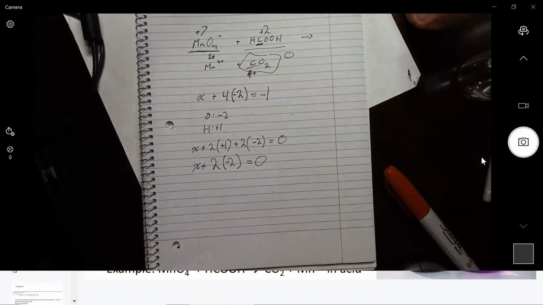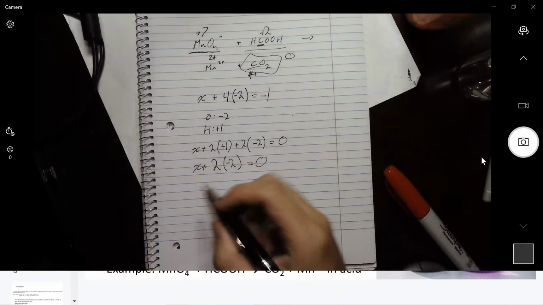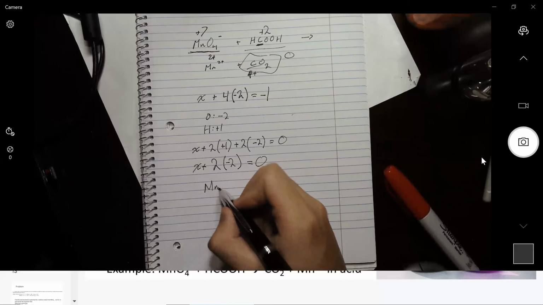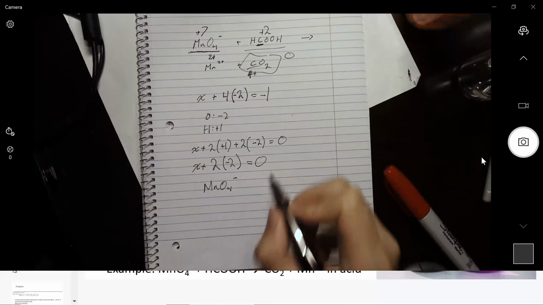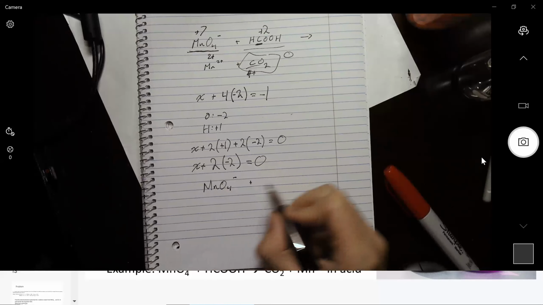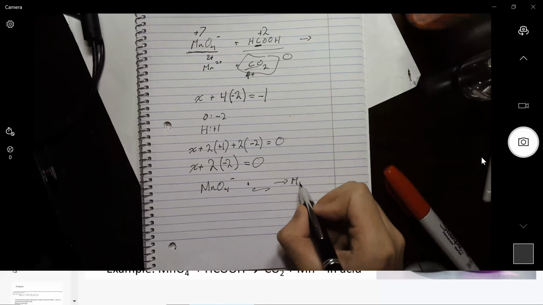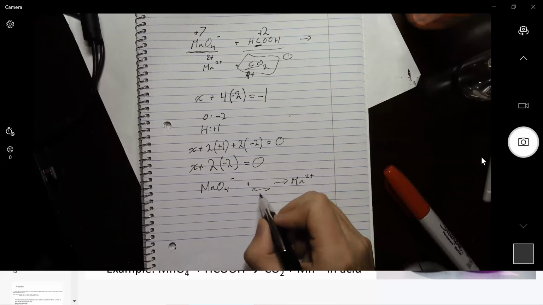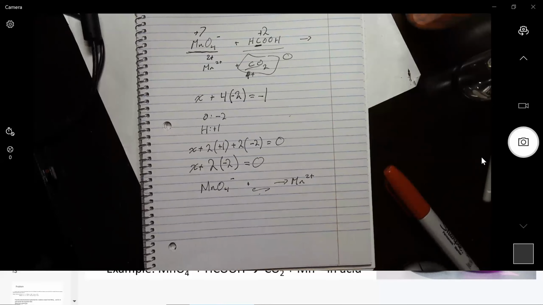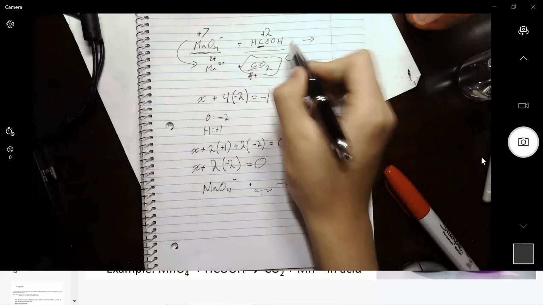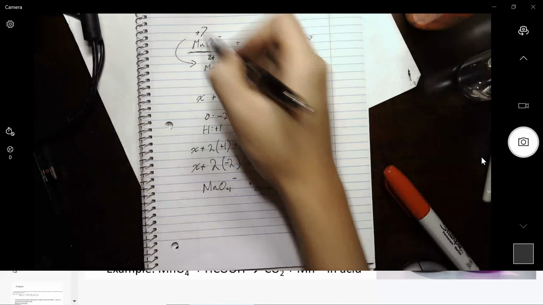So now we can create these two half reactions, and they aren't going to be balanced, but that doesn't matter. And what should I put in the blank? I've left a blank here. What should I put there? How many electrons go there? How many electrons go here?